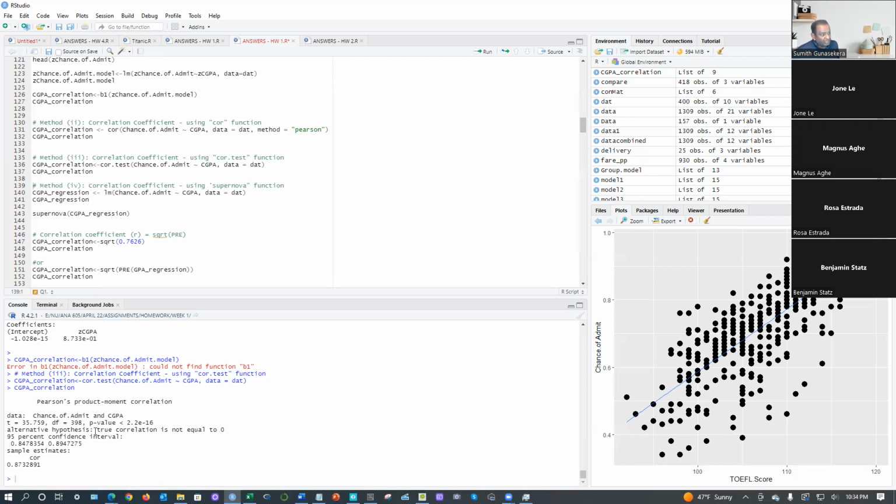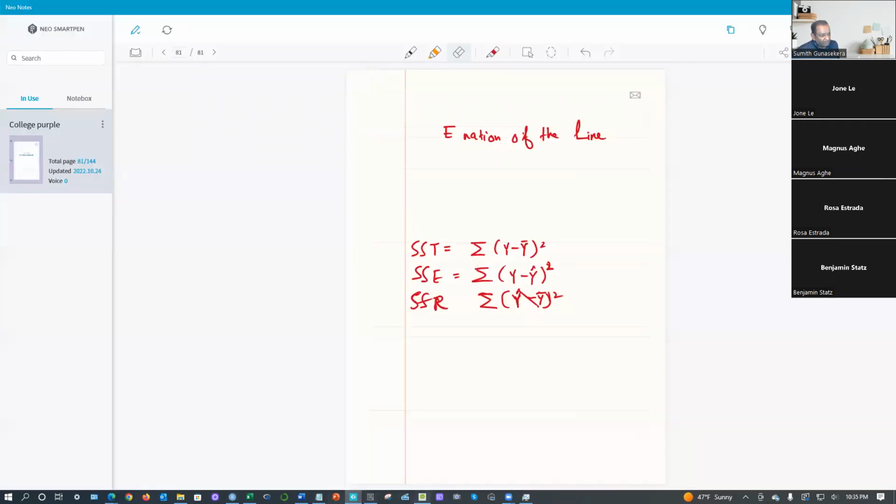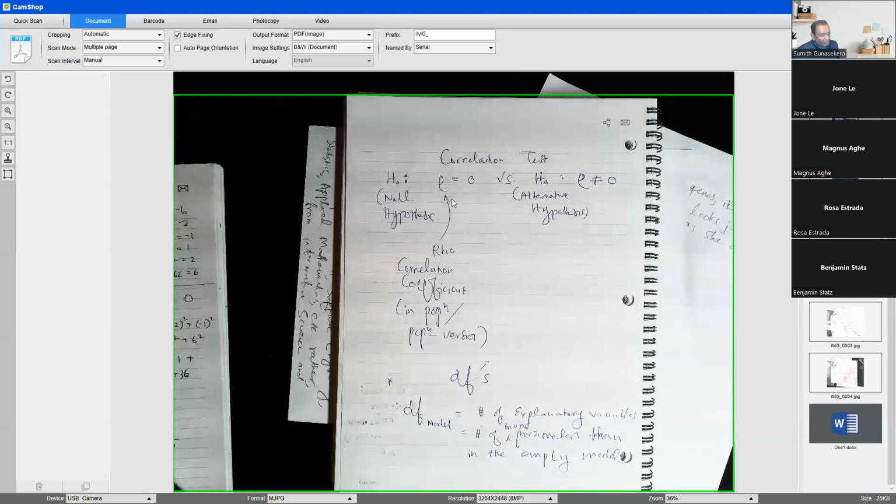The true correlation means the population correlation coefficient. The correlation coefficient normally we denote by capital R or simple R, it doesn't matter. But the population one we denote by rho. Null hypothesis: rho equals 0 versus rho not equal to 0.